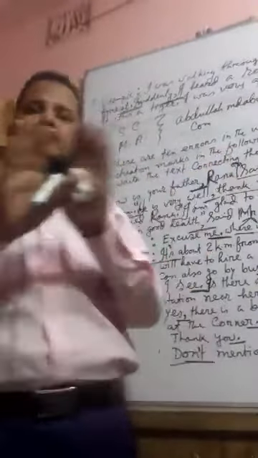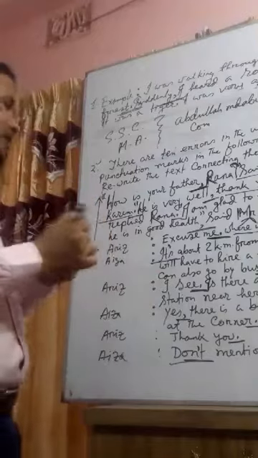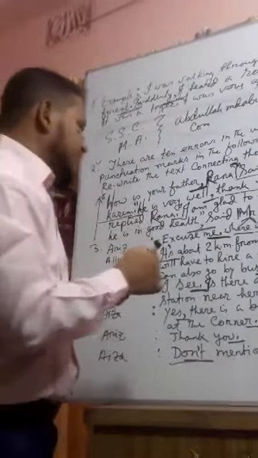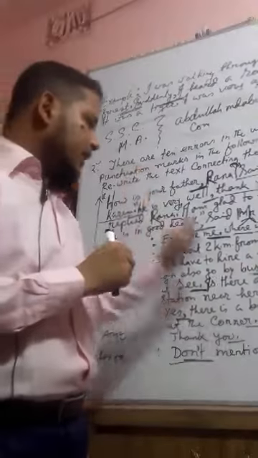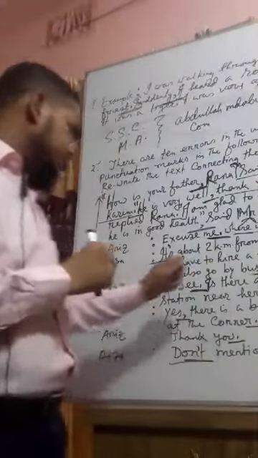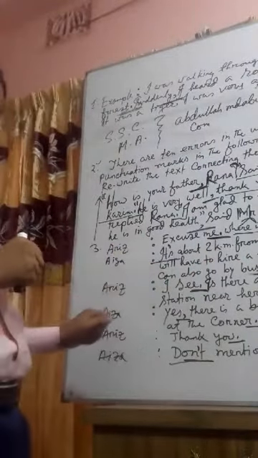You can also go by bus. That is also the ending point of the sentence, and that's why we have to use a full stop here. And you have to know that whenever you use any punctuation mark, you can indicate it by underlining. I see.